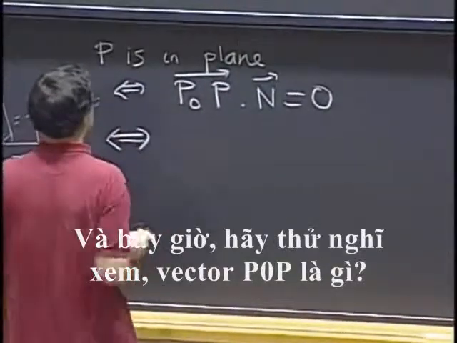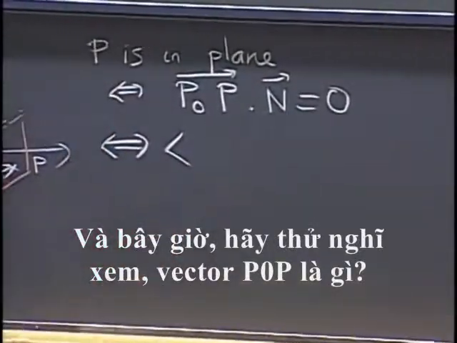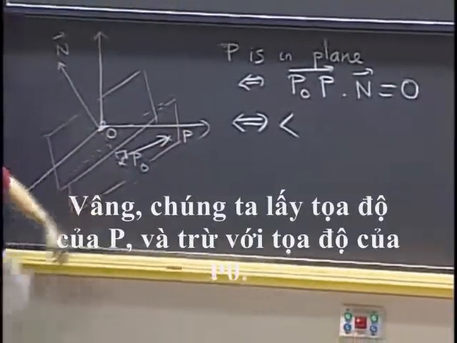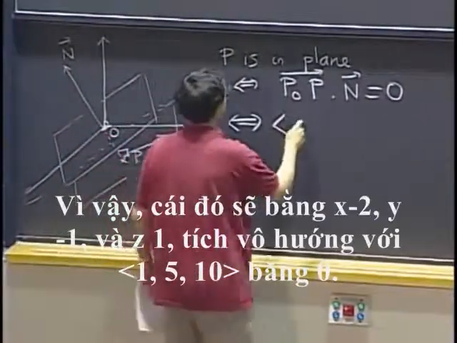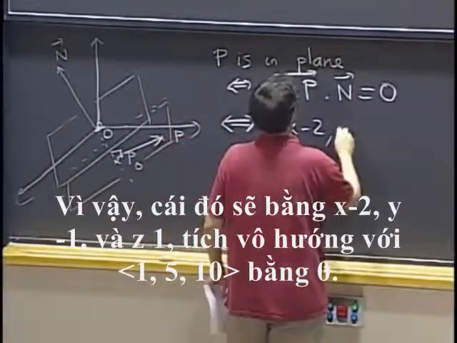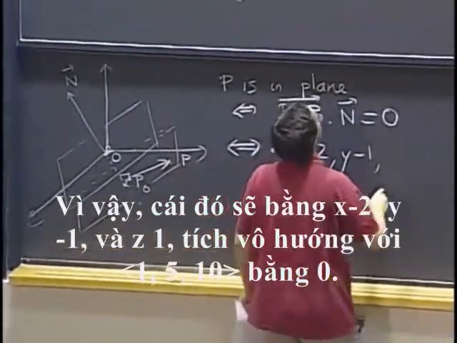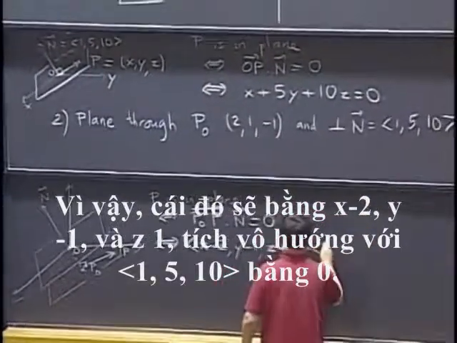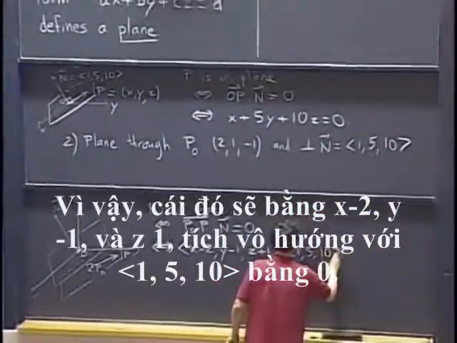And now let's think for a second, what's vector P0P? We take the coordinates of P and subtract those of P0. So that should be x minus 2, y minus 1, and z plus 1, dot product with 1, 5, 10 equals 0.